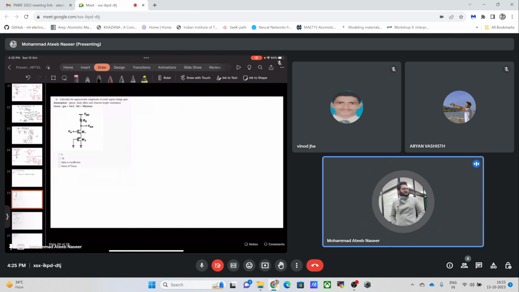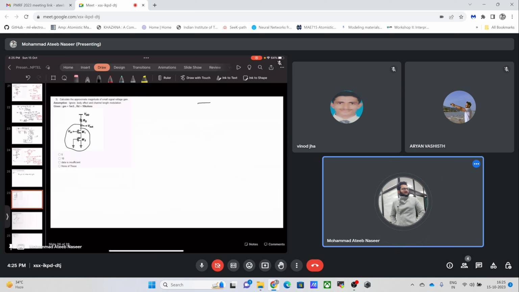The impedance at the source of M1 should be equal to 1 by gm2, which is evident from this circuitry, because we are neglecting channel length modulation and body effect. But since we are new to this field, let us draw the small signal equivalent.